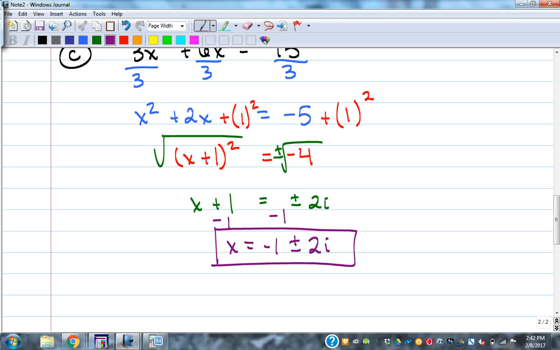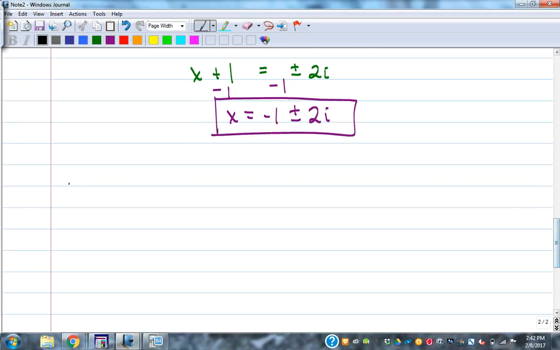A little tougher. Still not too bad. Let's go to the one that's a little more difficult than that one, maybe.